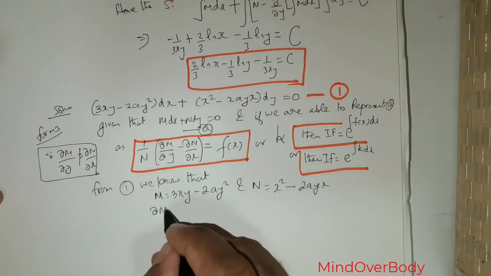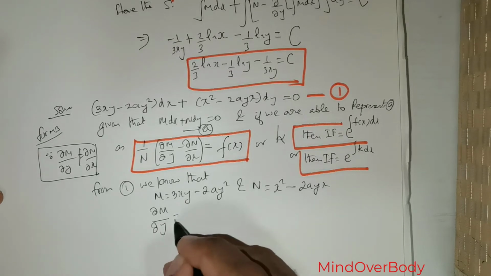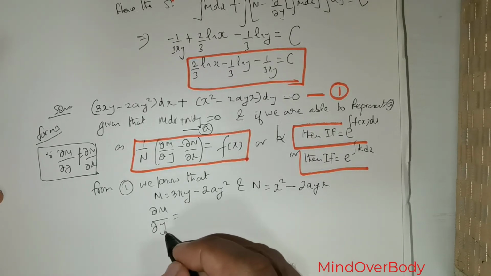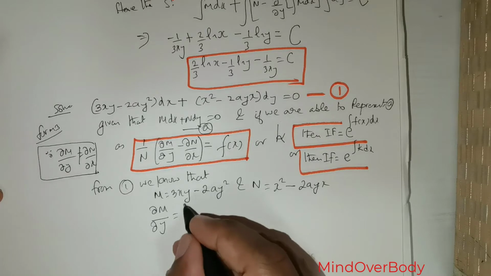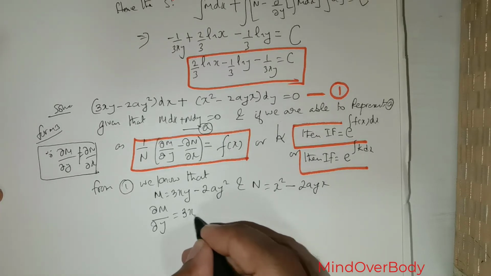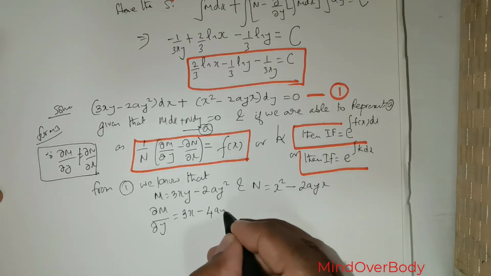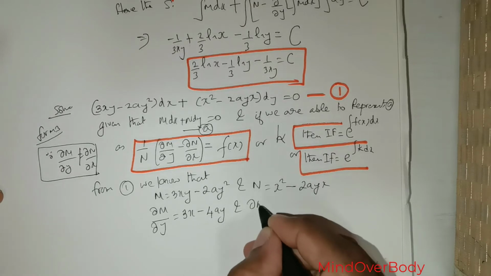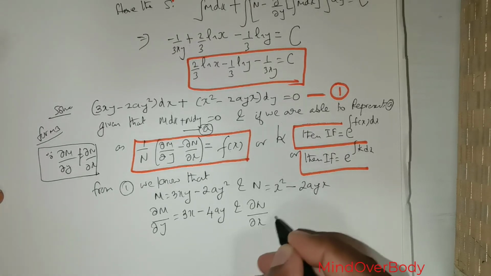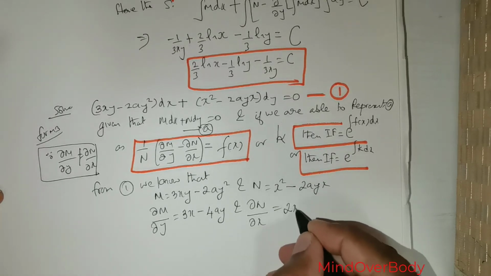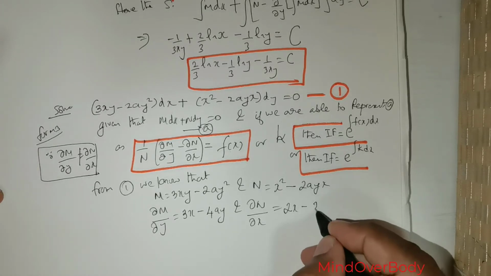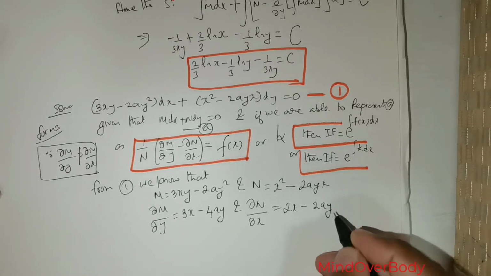So we find ∂M/∂y, differentiating M with reference to y partially. So that's going to give me 3x. This is going to give me 4ay. And this is ∂N/∂x. Differentiation of this is going to be 2x. Differentiation of this is going to be 2ay.